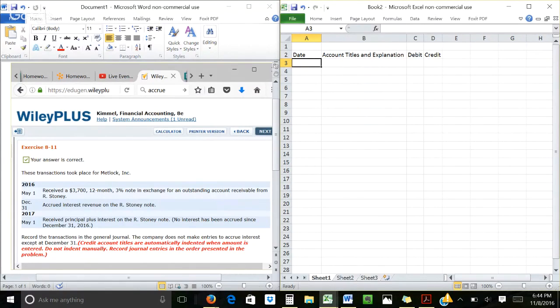note receivable. So to record this, we start with the first entry, May 1st, 2016, and we're going to debit notes receivable for the full amount of $3,700, and we'll credit accounts receivable.